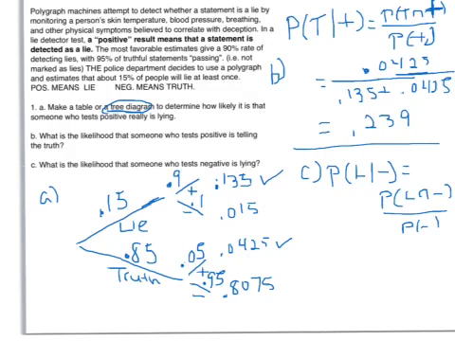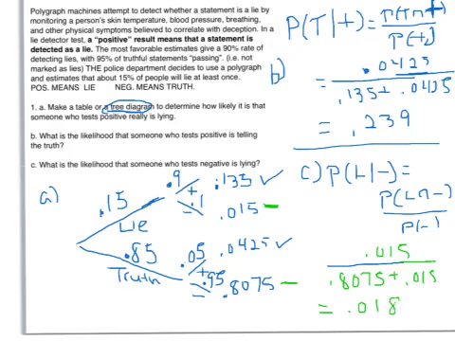So this computation, I'll put it right down here. Negative is here and there. So we put 0.8075 plus 0.015. Then it says test negative, but they're actually lying, so we go up the lying branch and find negative, so that's 0.015. And if we do that computation out, we get 0.018.